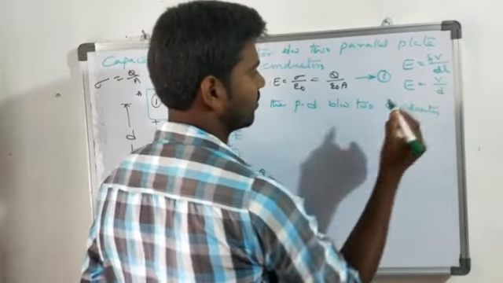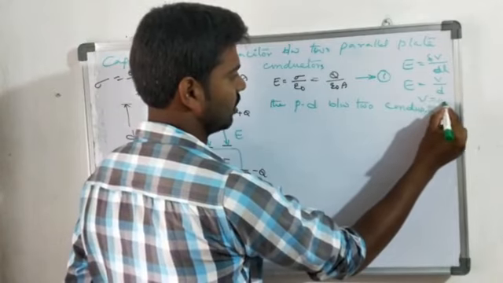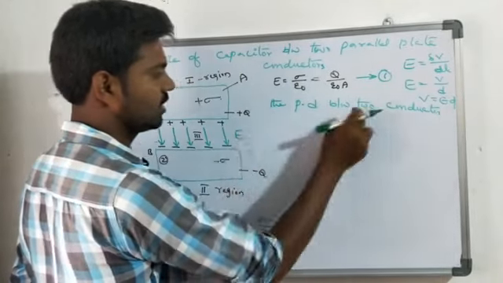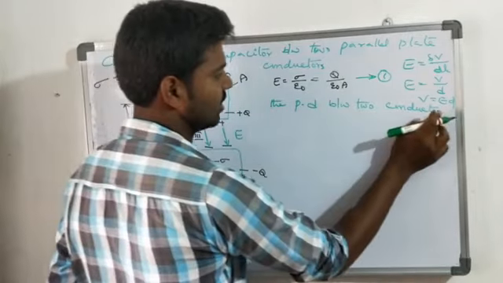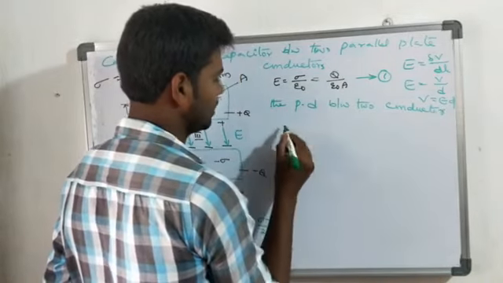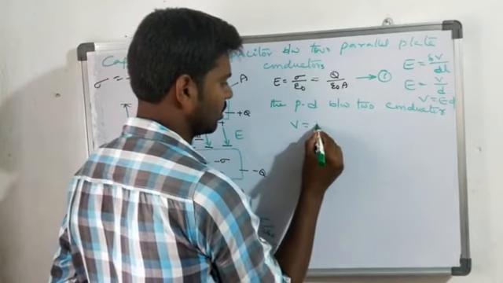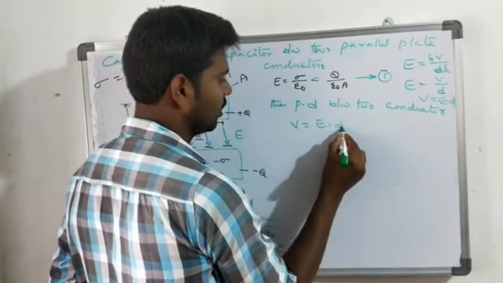Then V is equal to E into D, na? So this is called the potential difference between the two conductors. That is V is equal to E into D.